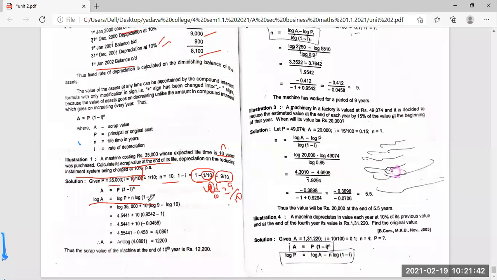So 1 minus I they have given, which is 9 by 10, and that is what they bring here. That is log 9 divided by 10, they write it separately. That is log 9 minus log 10. In indices, you see, division becomes minus.